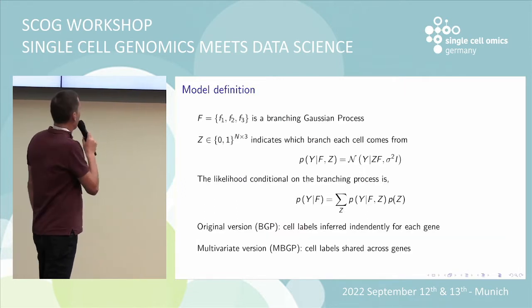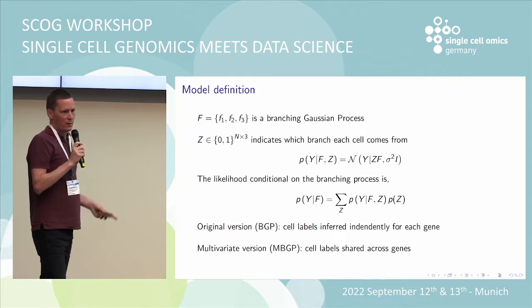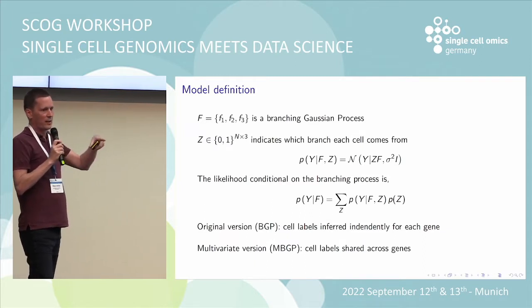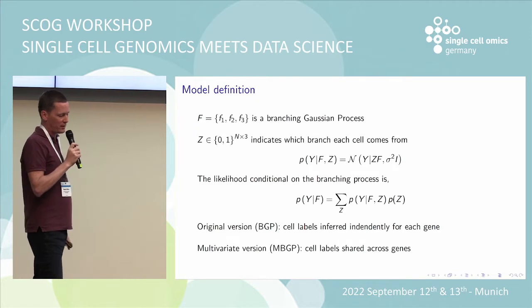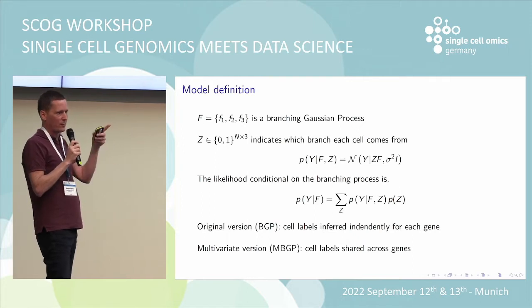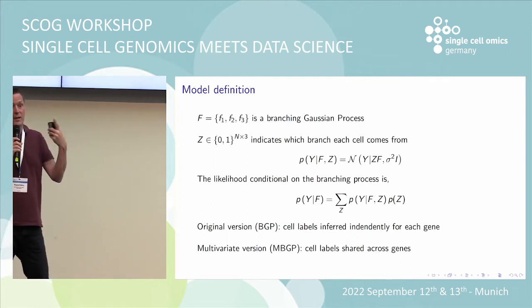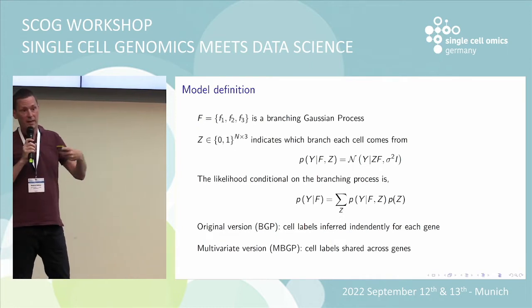And the idea is that you have a branching Gaussian process. So we've got 3 branches: a trunk and 2 child branches for this Gaussian process. We have an indicator variable, which tells us where the cells go. That's a difference. In the time series, we don't have that because we know the labels of the data.